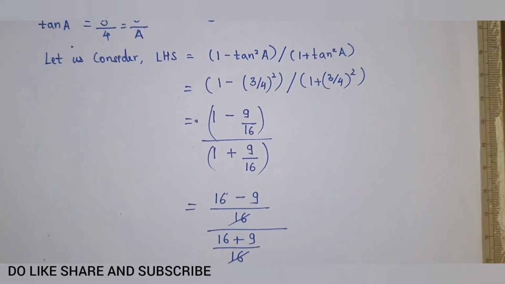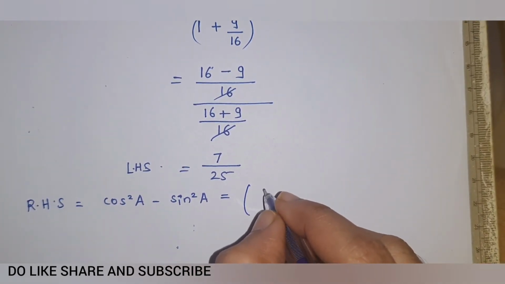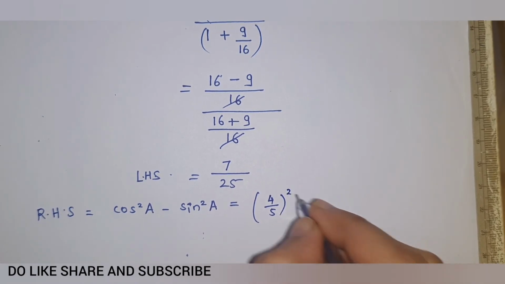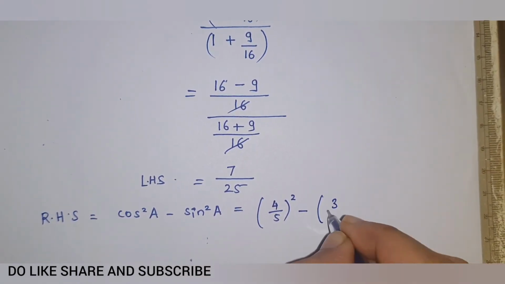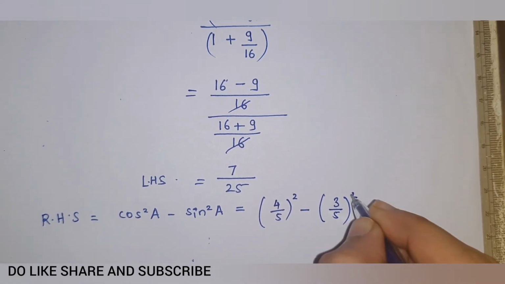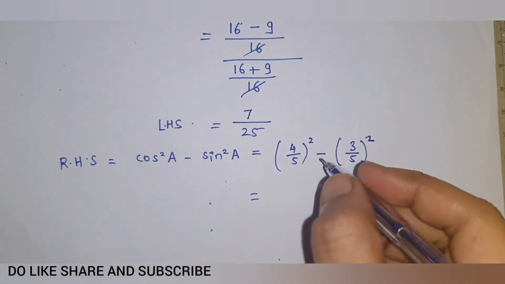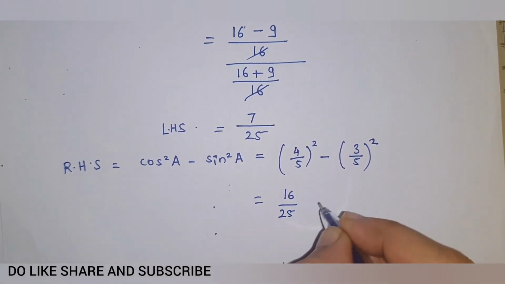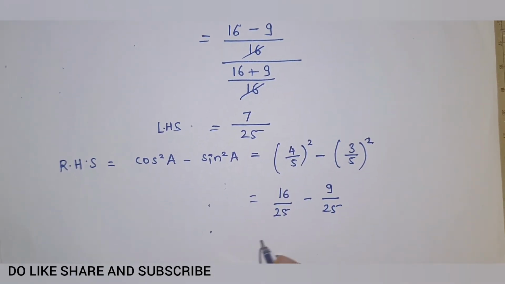Now substituting the values further, we'll be getting cos square A, that is (4 by 5) bracket square, minus (3 by 5) bracket square. Now we'll be getting 4 4s are 16, 5 5s are 25, minus 3 3s are 9, and 5 5s are 25.